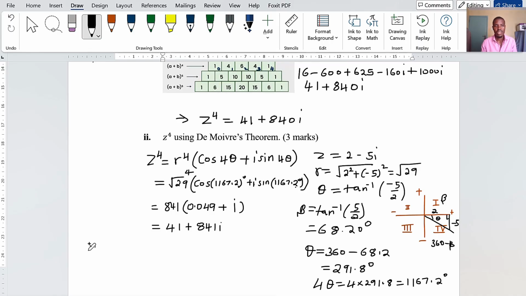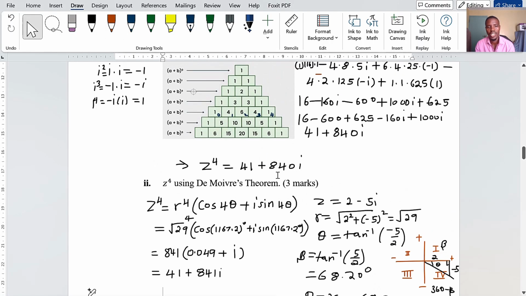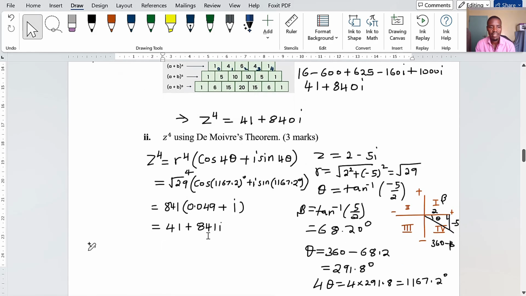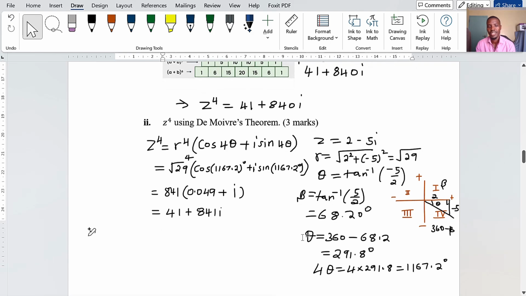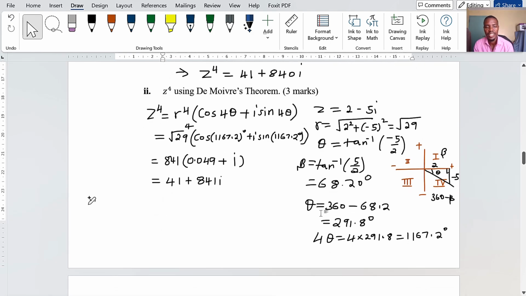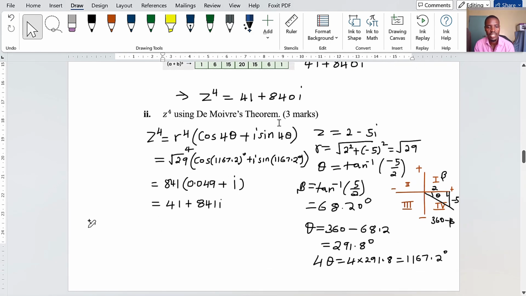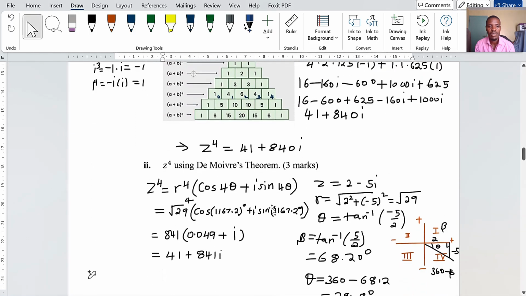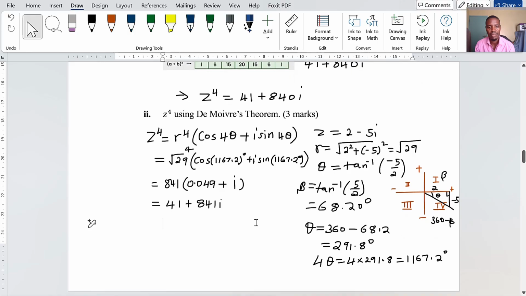So you see, it's almost the same as when you use binomial expansion, which is so accurate. 41 plus 840i. So here we have 841i and 41, we have both sides. So that's it. When you approximate, you get it using de Moivre's theorem. So we have applied binomial expansion and then we have applied de Moivre's theorem.